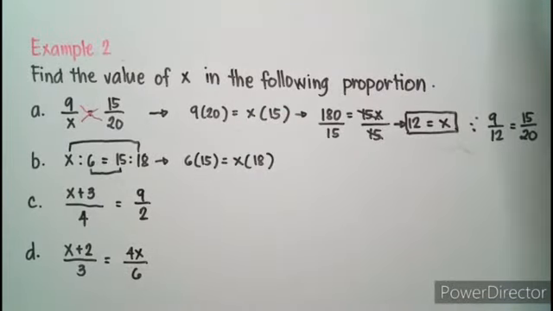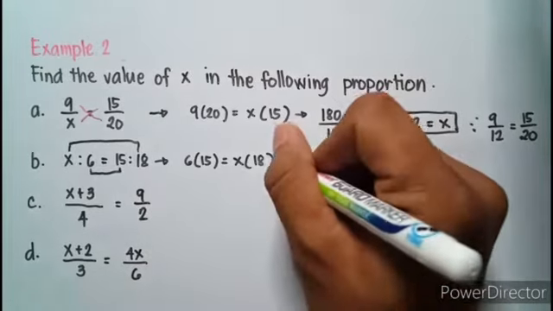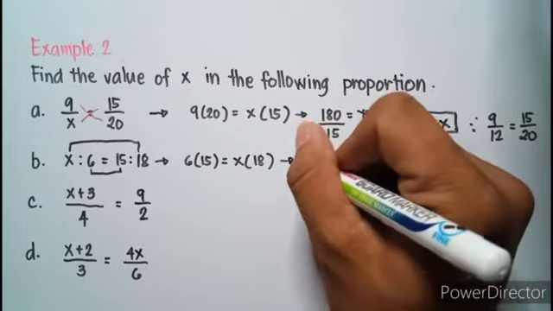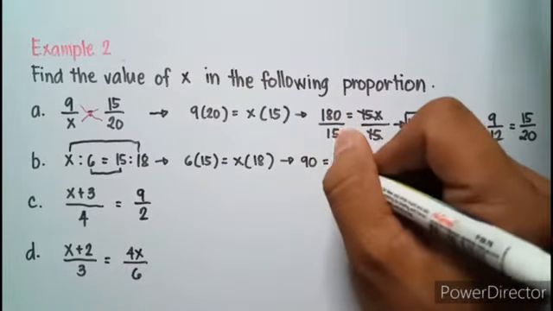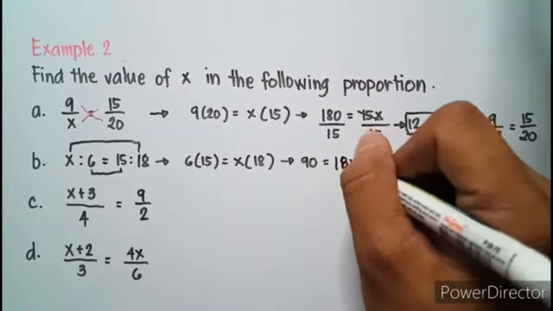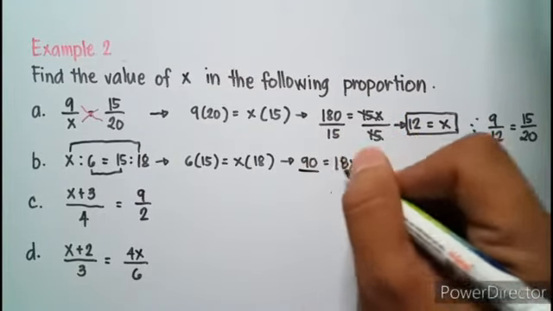So we have 6 times 15, that is equal to 90, is equal to 18x. Then divide both sides by 18.